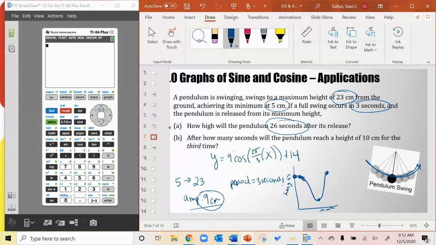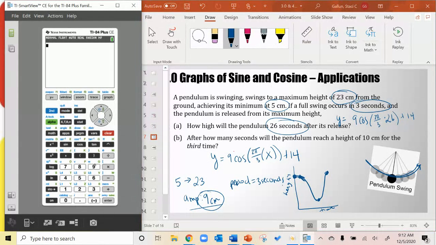So then how high will it be after 26 seconds? What is 9 cosine of 2 pi over 3 times 26 plus 14? I'm just hopefully still in radians. 9.5.